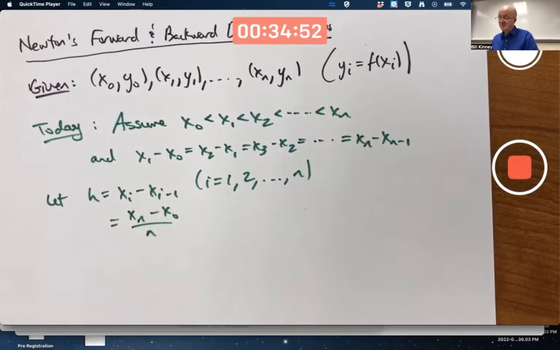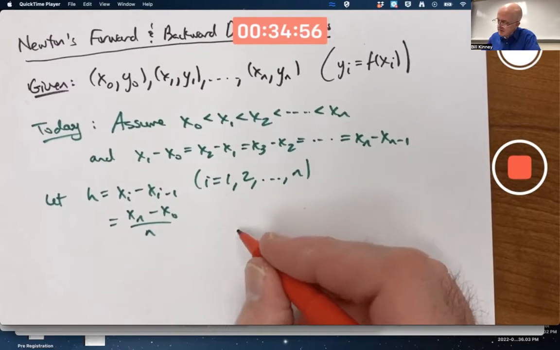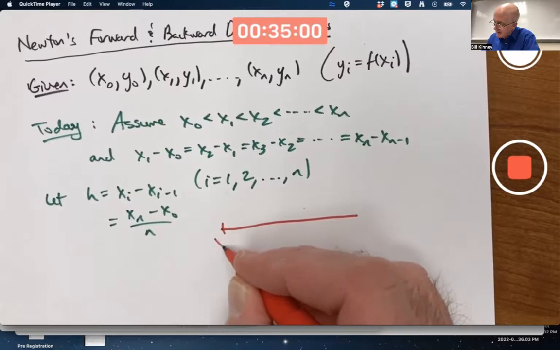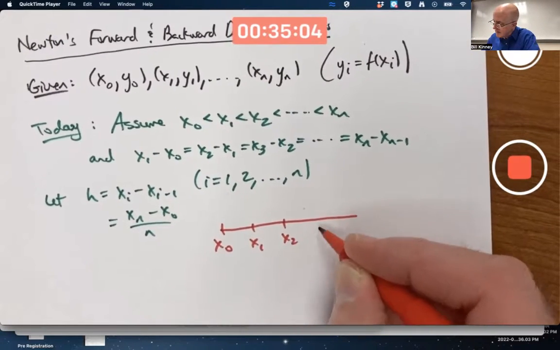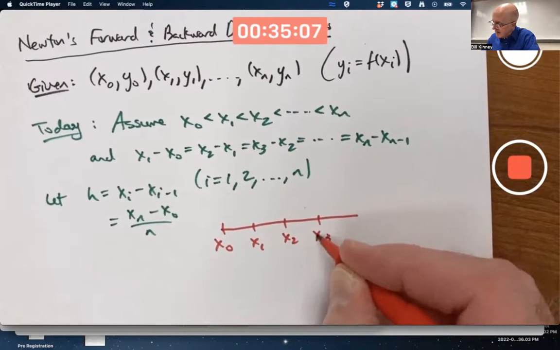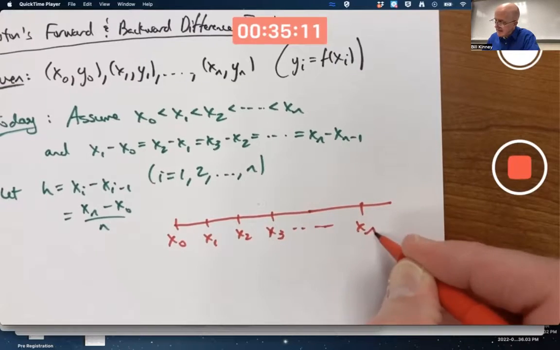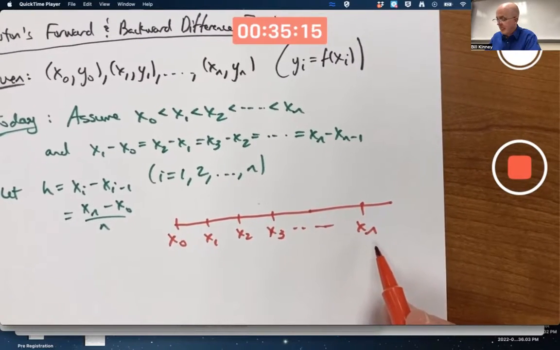Does that make sense? Think about a picture. Here's x0, here's x1, here's x2, x3, etc. xn. xn minus x0 would be this entire distance.